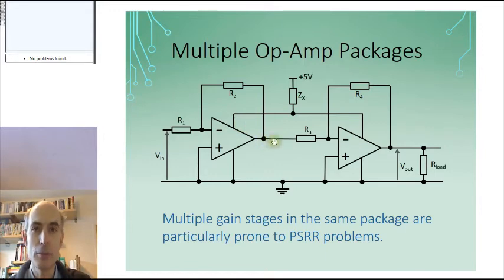That will tend to decrease the output voltage of the first stage, which will increase the output voltage of the second stage, causing yet more current to flow through this load, causing the power supply voltage to decrease even further, causing the output voltage of this first stage to decrease still further, causing the Vout voltage to increase, causing yet more current to flow through our load, and so on. You can get an unstable situation and end up with oscillations and op-amps saturating in this case.